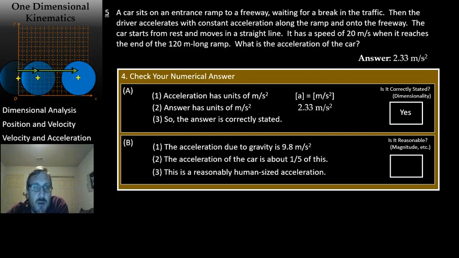It's good that you're not accelerating as fast as gravity. I don't think you're usually hitting 1G when you're trying to get on the highway, right? But you wouldn't want to go too slow either. So we've got a fairly reasonable idea about why this should be a reasonable answer.